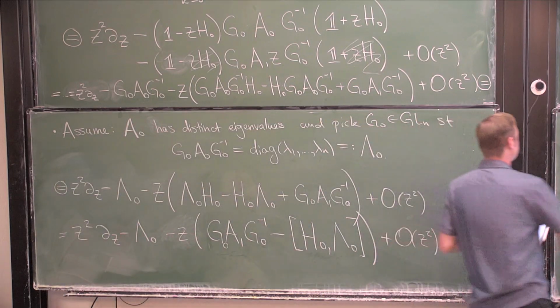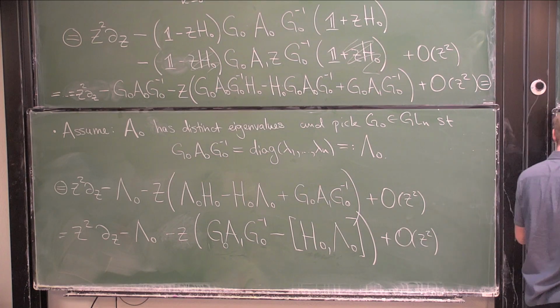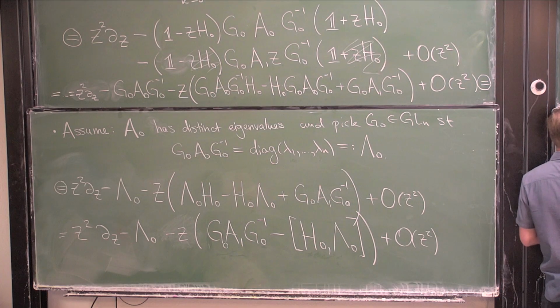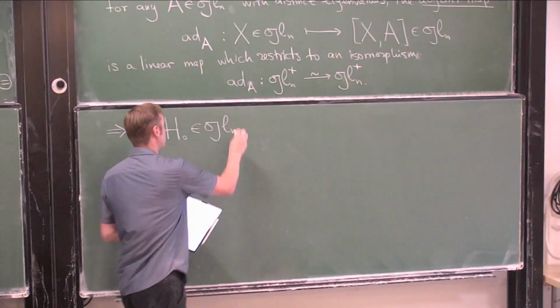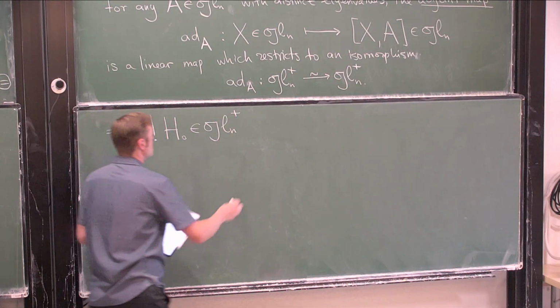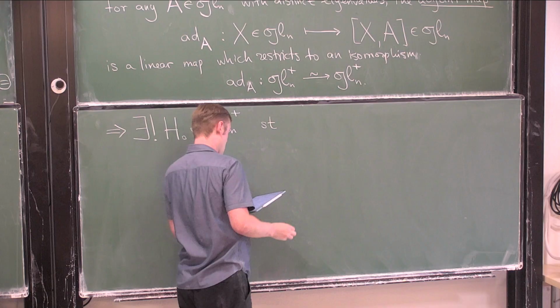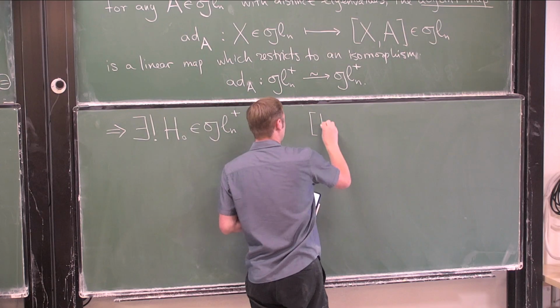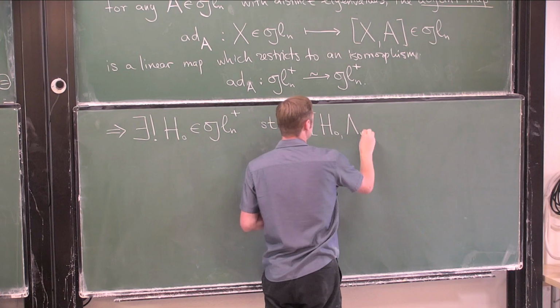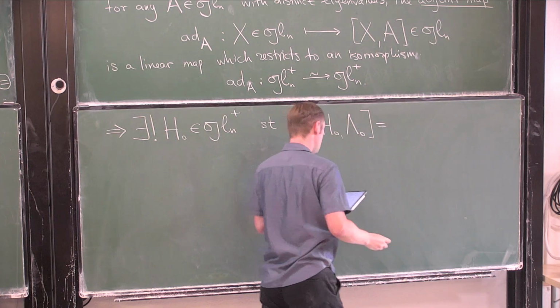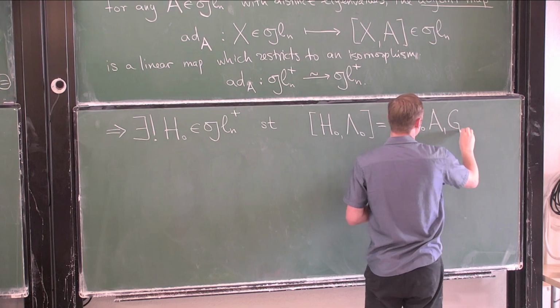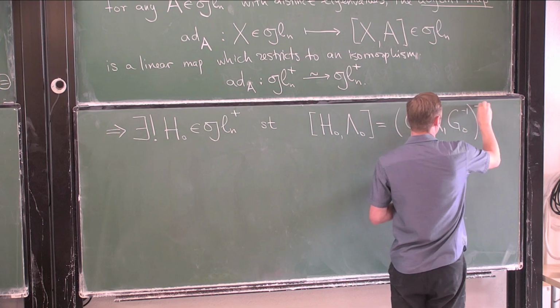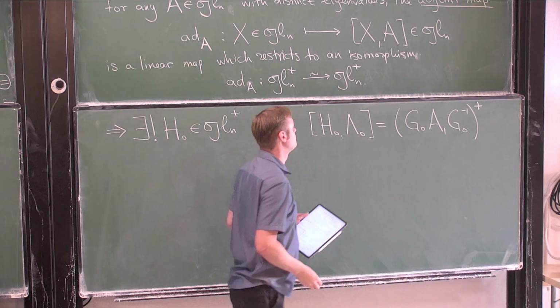So that's the strategy. Using this fact, we can say that there exists a unique H naught, an off-diagonal matrix in GLn, such that this commutator is precisely the off-diagonal part of the matrix G naught A1 G naught inverse.